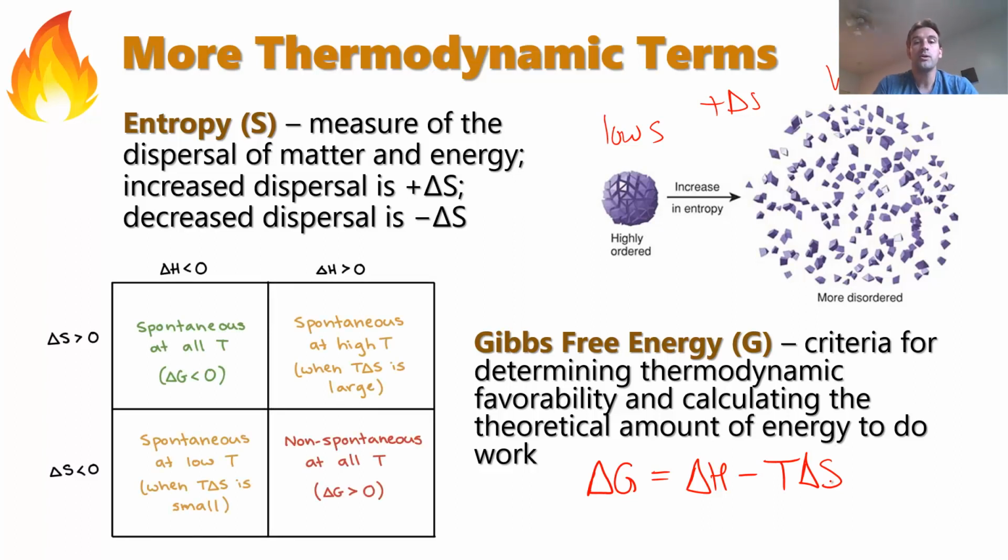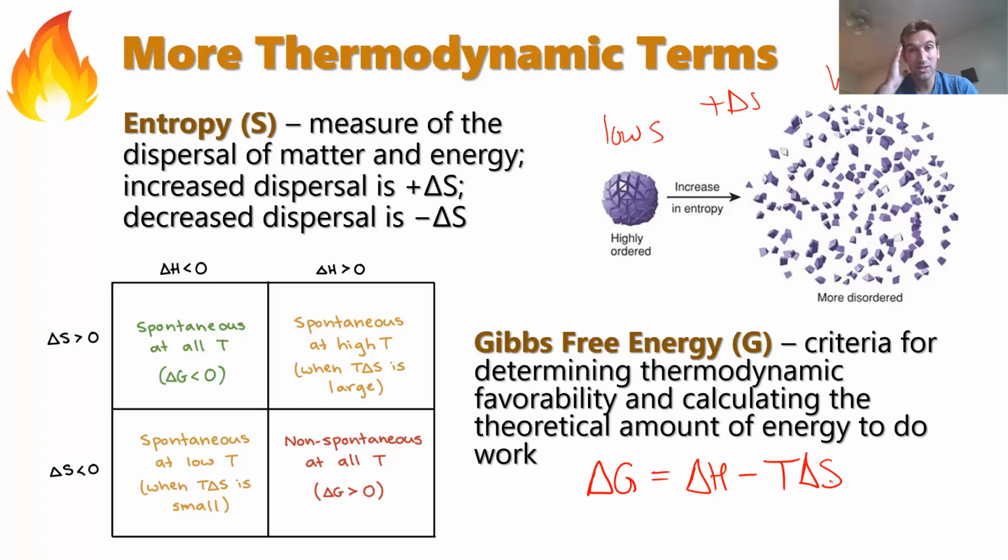And again, we want to use this to predict whether or not a specific process can happen. So under certain conditions, we see that a process is favorable or unfavorable. Now, in the past, we've used the word spontaneous to describe thermodynamic favorability. The AP now, the College Board, they want us to really stick with this term that it's thermodynamically favorable, okay?